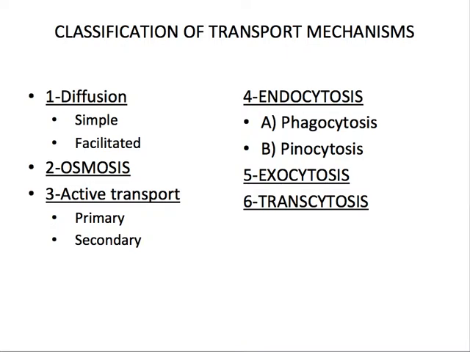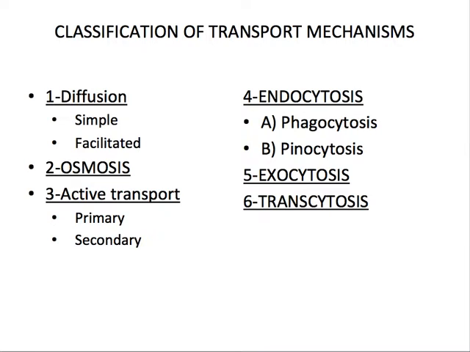Now you must be wondering that if the endocytosis, exocytosis, and transcytosis are the subtypes of active transport, then what is the basic classification of these mechanisms?